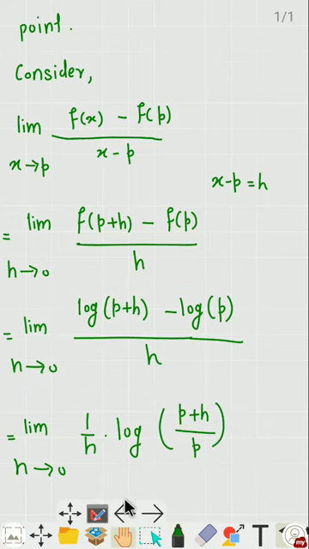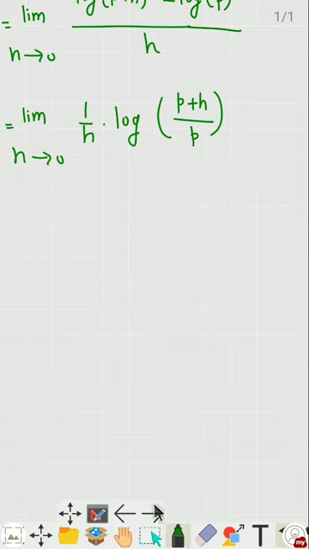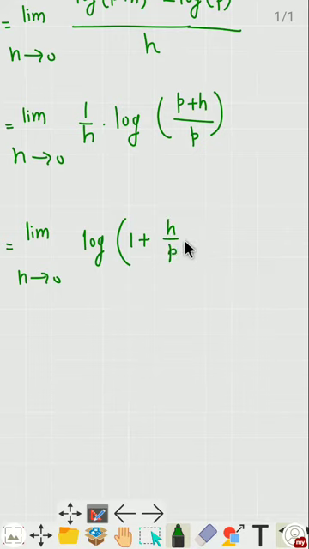So it is equal to the limit h tends to 0 of log of 1 plus h upon p raised to the power 1 upon h.